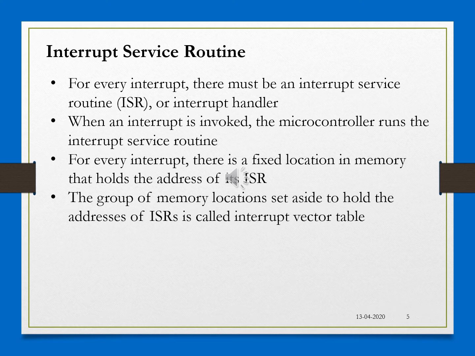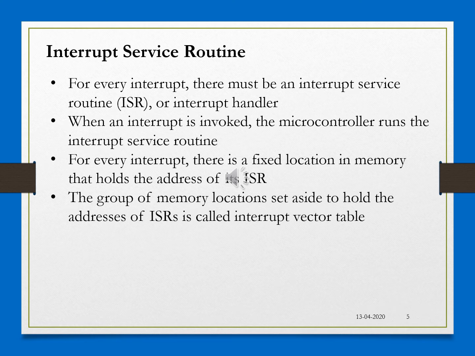That means for a particular interrupt, there will be a particular interrupt service routine, and the address of this ISR would be saved in a particular memory location where no other interrupt service can be saved.